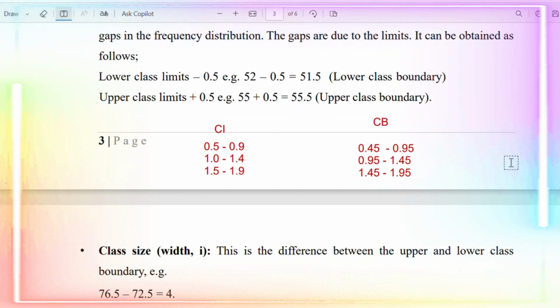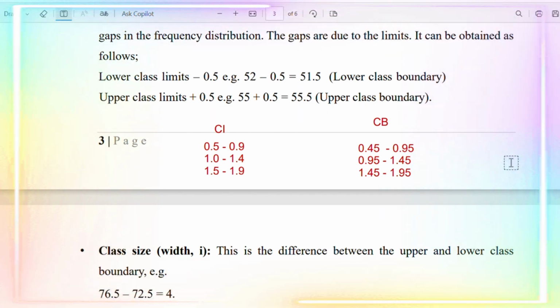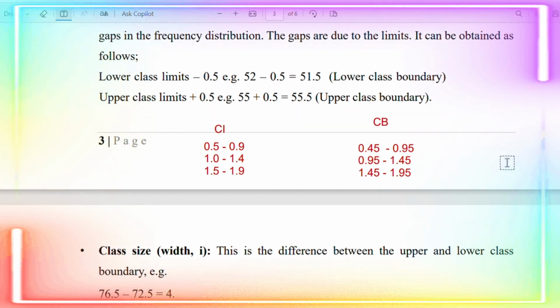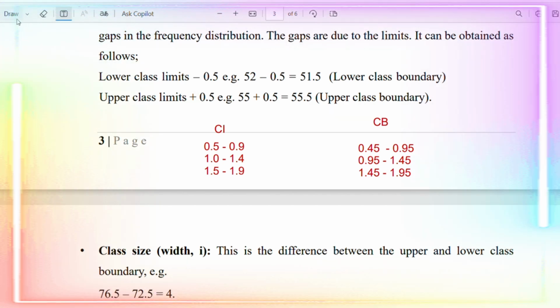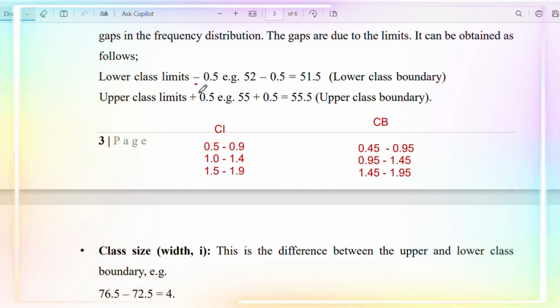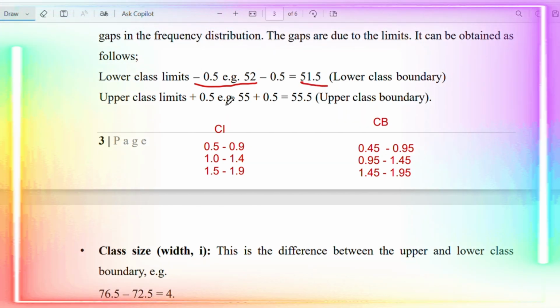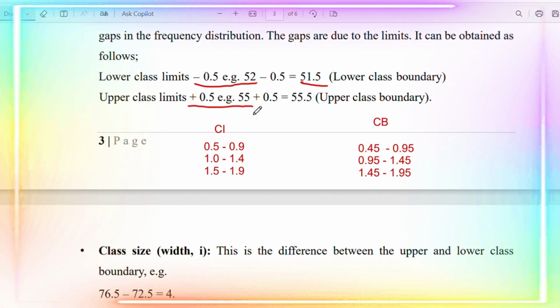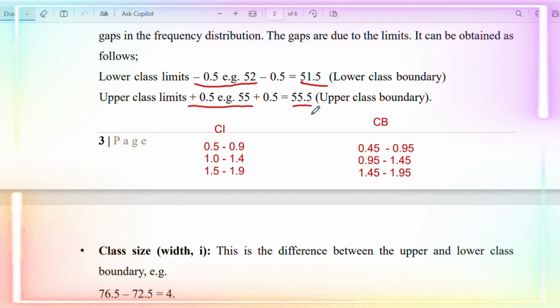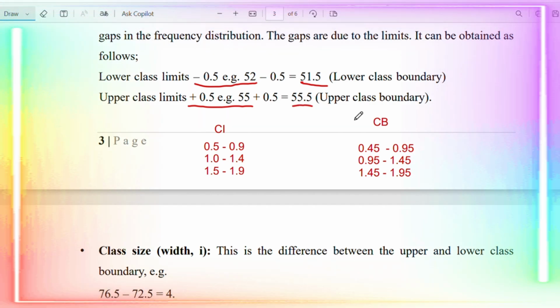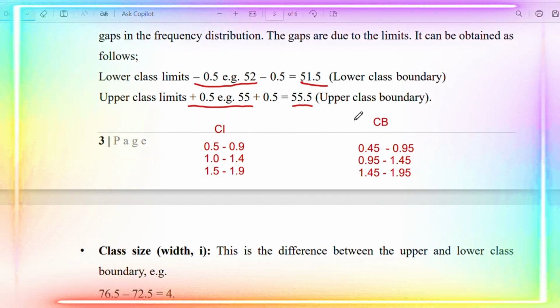Many students thought or concluded that once we say you subtract 0.5 from the lower class limit to get 51.5, and you add 0.5 to the upper class limit to get 55.5, that is the method to obtain the class boundary.